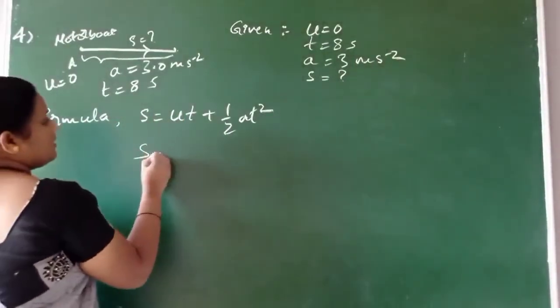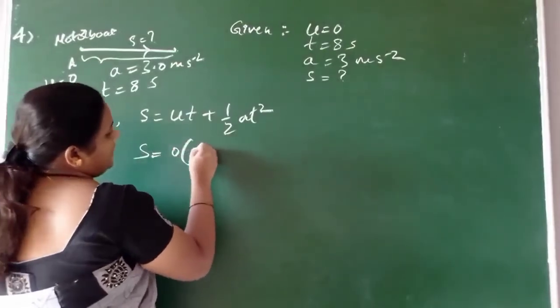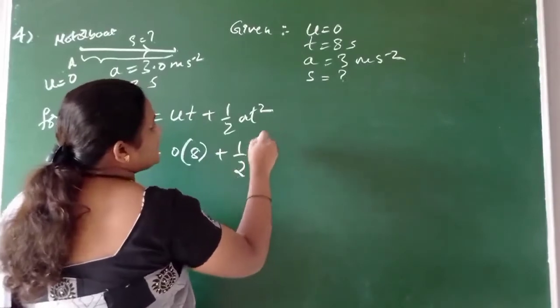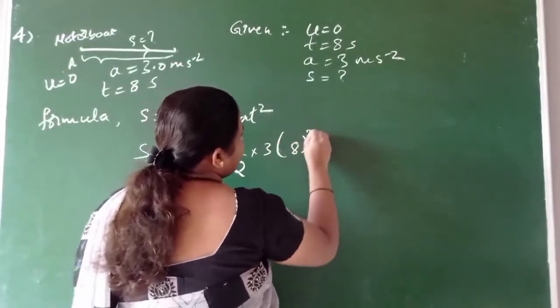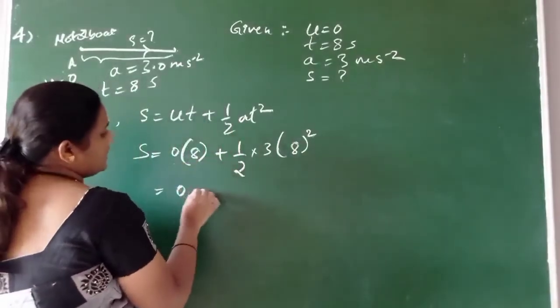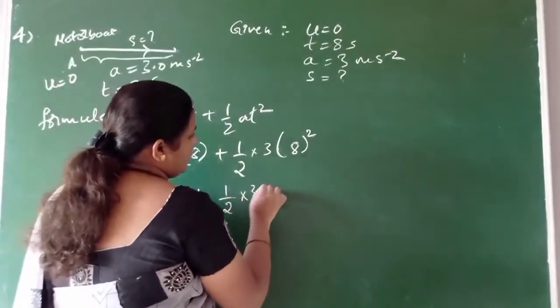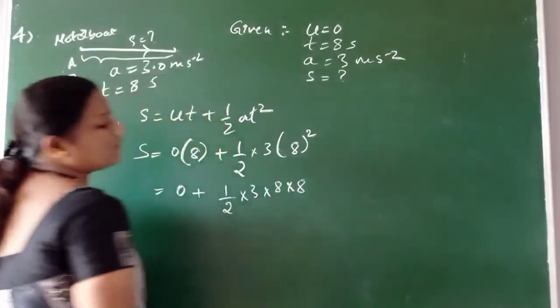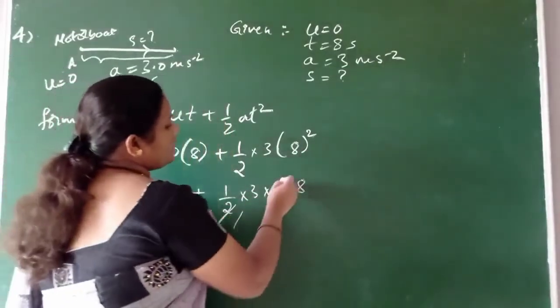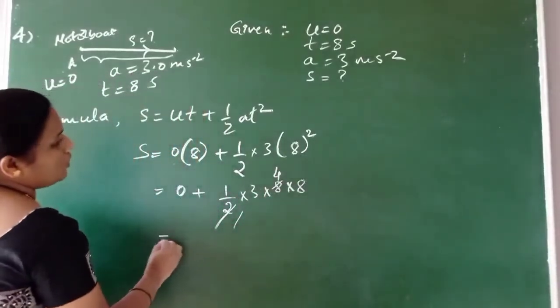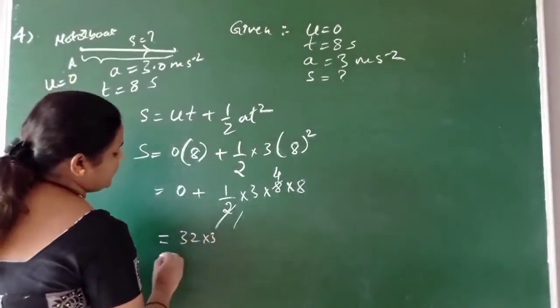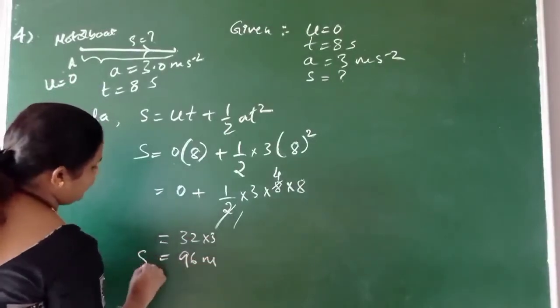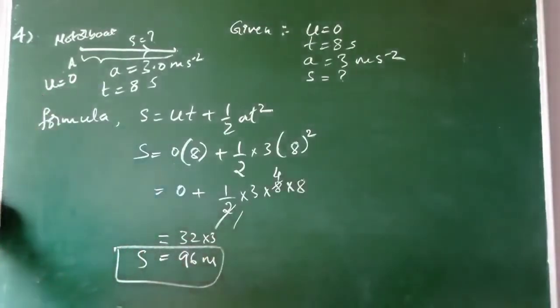So now substitute, children, the given values. U is 0, t is 8, plus half into the acceleration value, 3, into 8 square. 0 into 8 is 0, plus half into 3 into 8 into 8, we can write, no? t square, nothing but 8 square, you can write in this way. 2 1s are 2, 4s are 8. So 8 4s are 32. 32 into 3, which is nothing but 96 meter is the distance he has covered in 8 seconds of time when he moves with a 3 meter per second square acceleration.